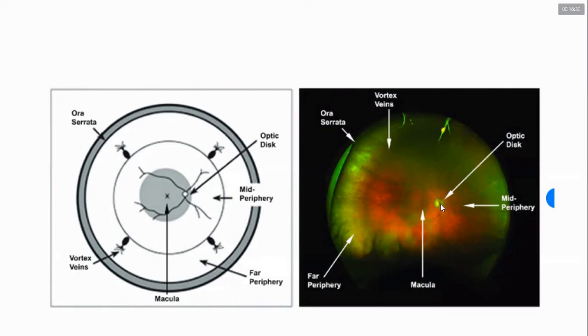This is the optic disc, which is pale due to the presence of the cup depression and is a little bit avascular. So this over here is the avascular area, like a shadow area. So this is the macula. You can see the vortex vein, and this is the ora serrata.